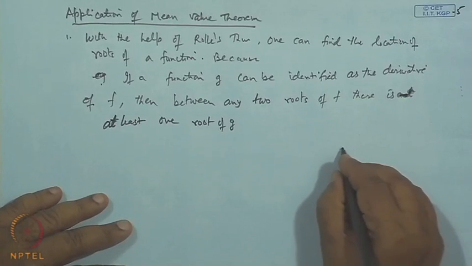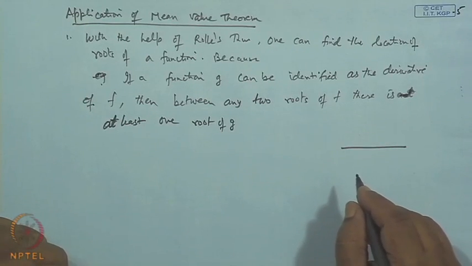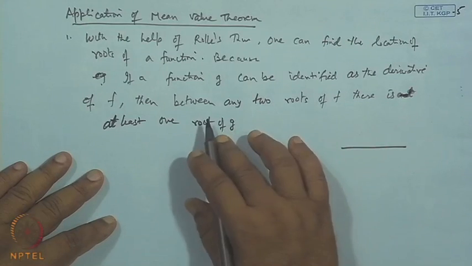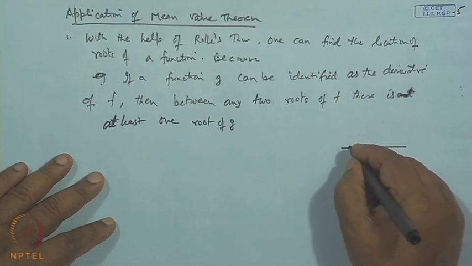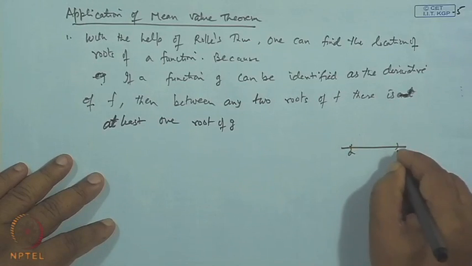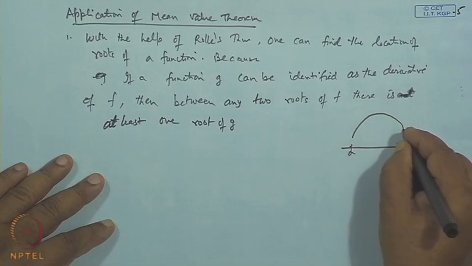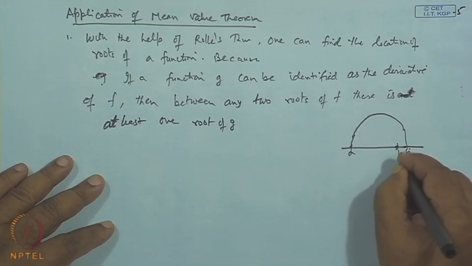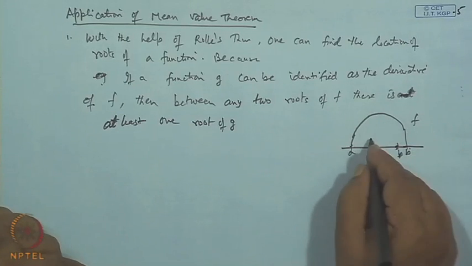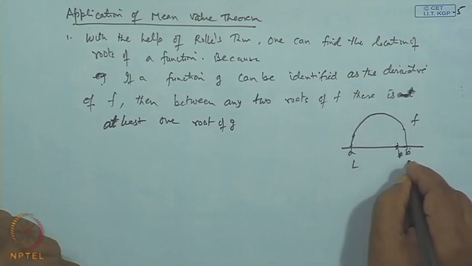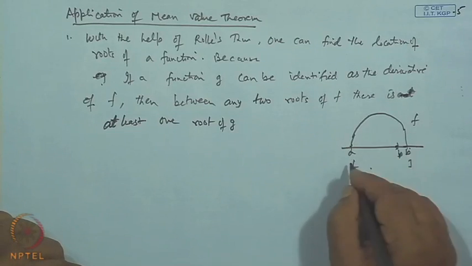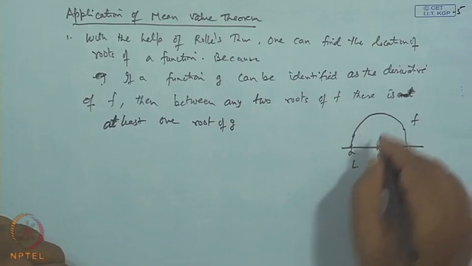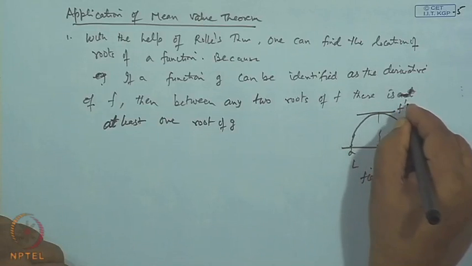because what Rolle's theorem says is: if a function f is continuous over the closed interval a b and differentiable over the open interval a b, and f of a equals f of b equals 0, then there exists a point c in between where the derivative f prime c is 0.